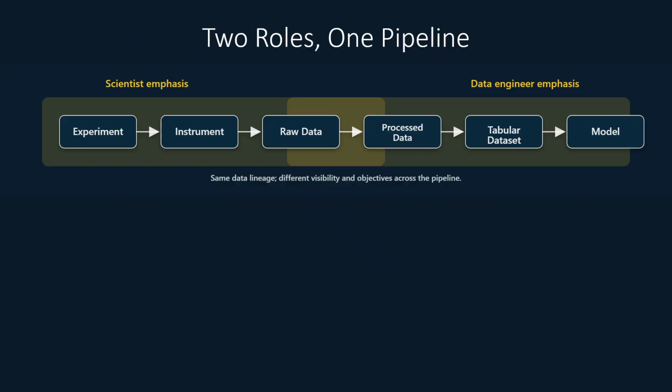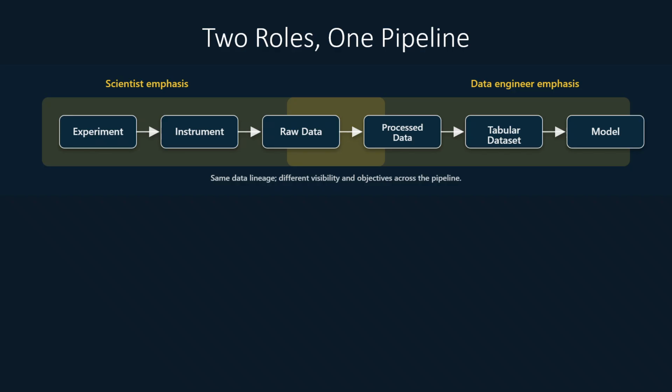Let's start with the scientist's role in this pipeline. The scientist begins by designing a specific experiment to test a single hypothesis, let's say. They are close to the instruments and see the raw, unfiltered data as it is generated, often before any heavy pre-processing.